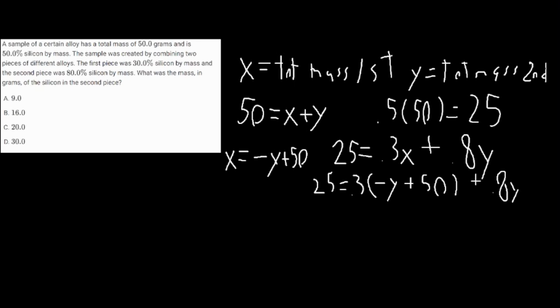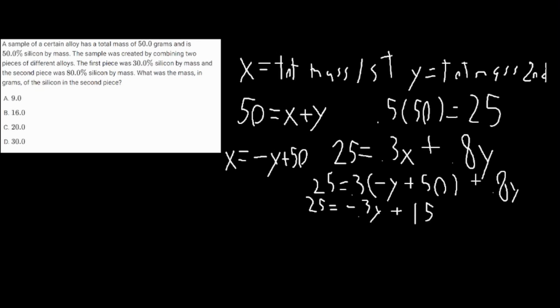Now we can multiply that out, and we get 25 is equal to negative 0.3y plus, what would that be? 15.